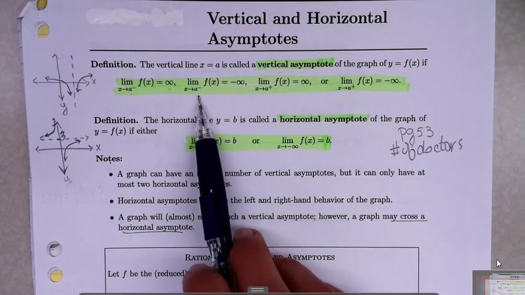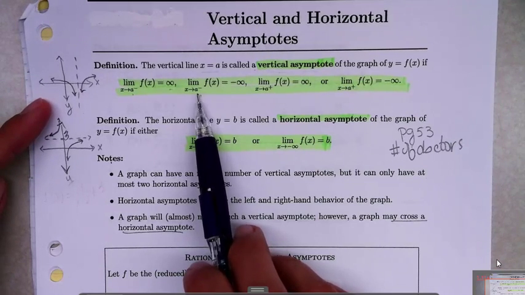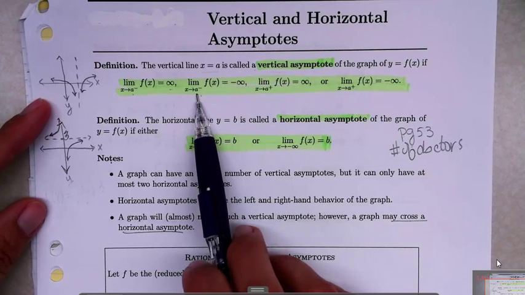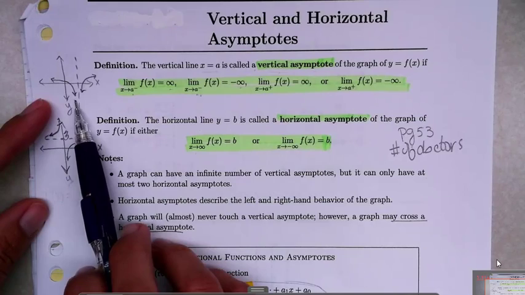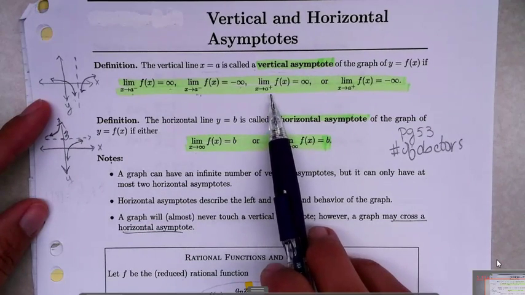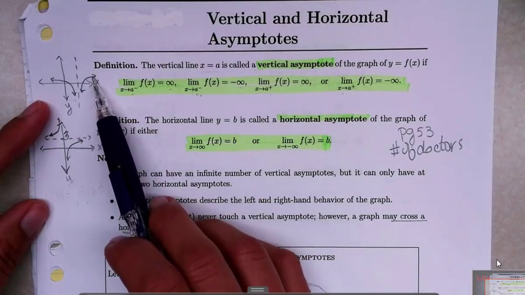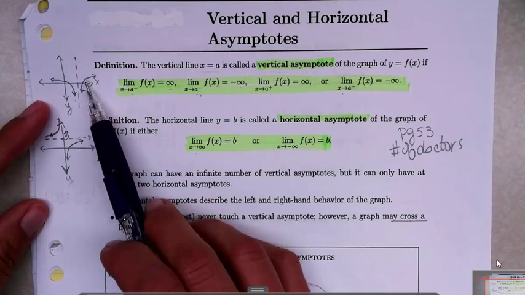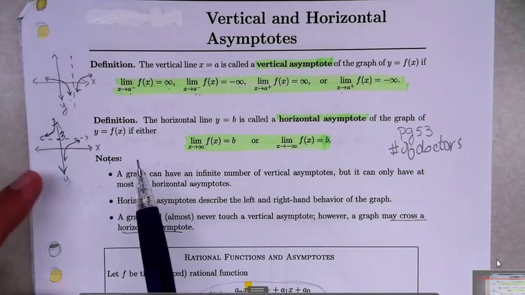Or it could be that as we approach that a value on the x-axis, we could be heading towards negative infinity, similar to what I have drawn here. Okay, and then the same thing could be true as I approach that value a from the right. So in these cases, the infinity is not truly a number, so the limit does not exist.